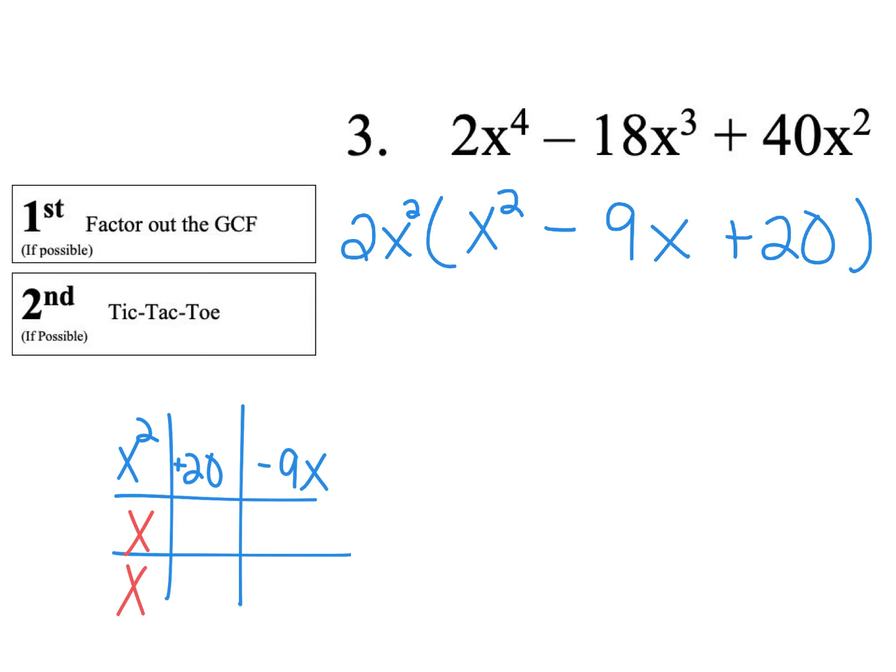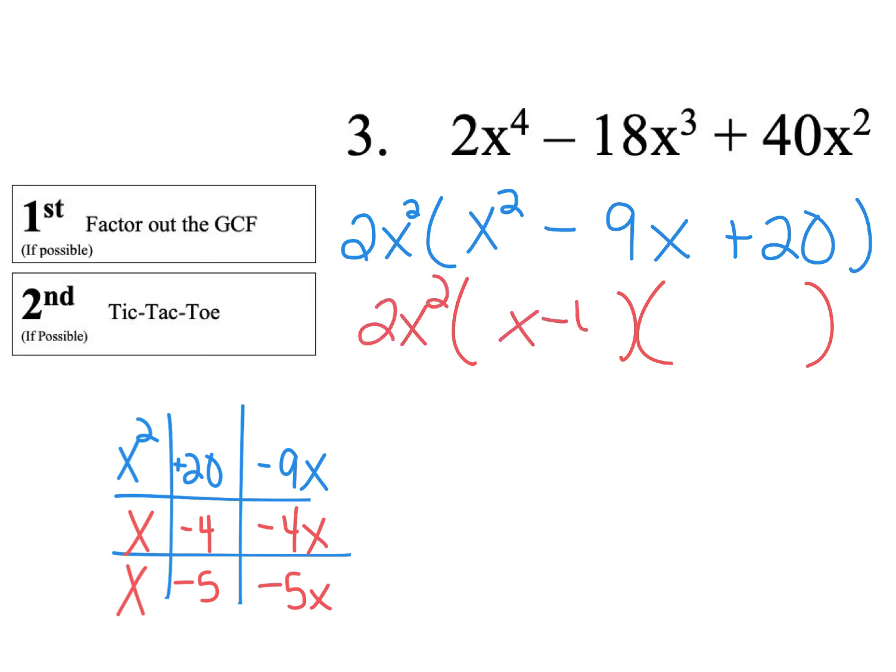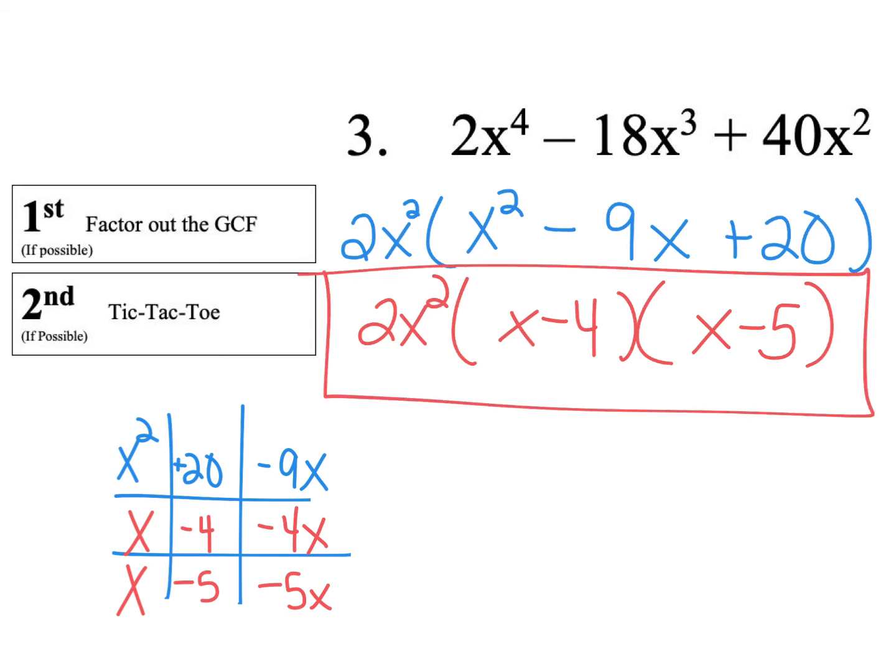Factors of 20, there's a lot of them. I tried negative 4 and negative 5 and had success. This factors into x minus 4 and x minus 5. Again, make sure you have all your factors.